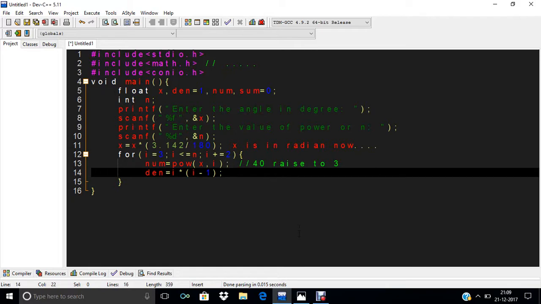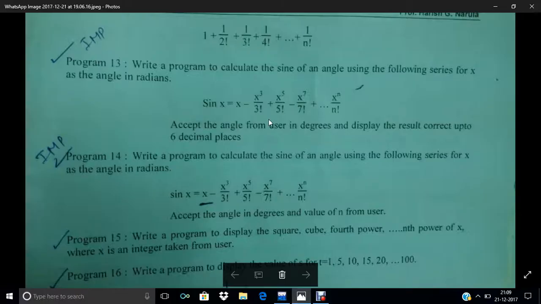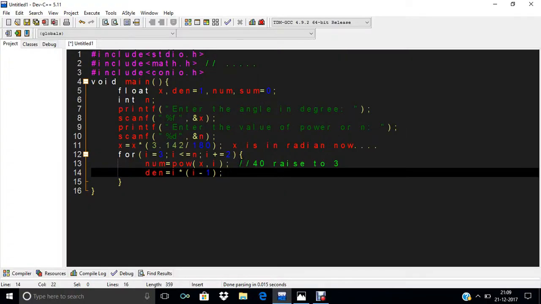Suppose we need to find the factorial of 3, 5 or 7. What's the factorial of 3? It's 3 into 2 into 1, which is 6. So suppose in the first iteration i is 3, so 3 into 3 minus 1, which is 3 into 2, that is 6.